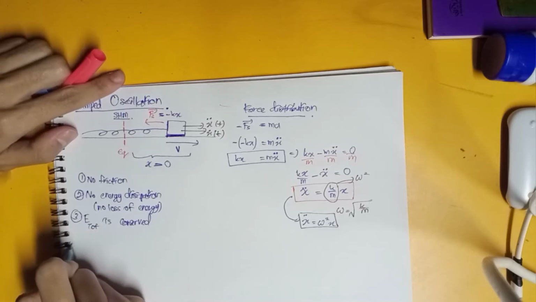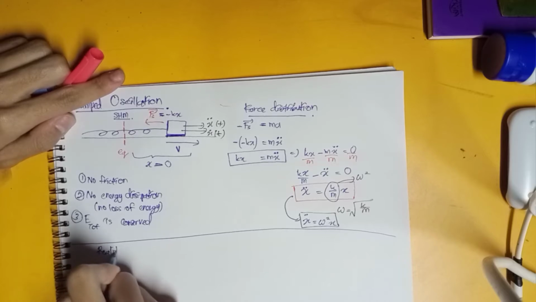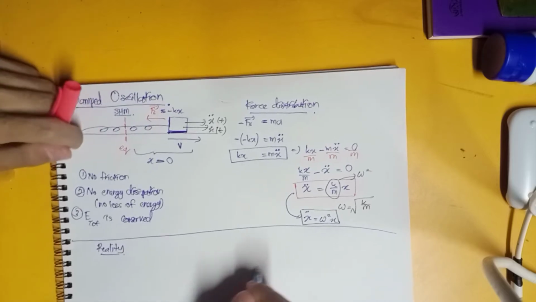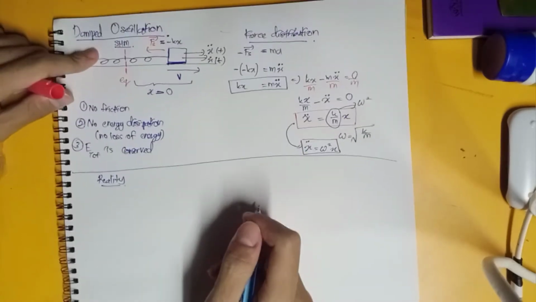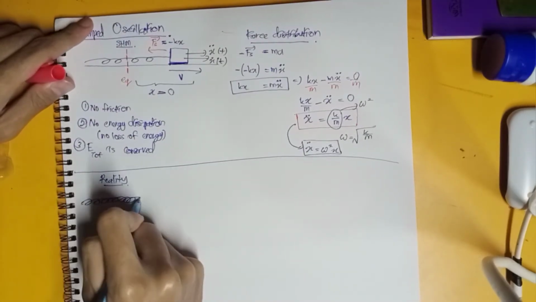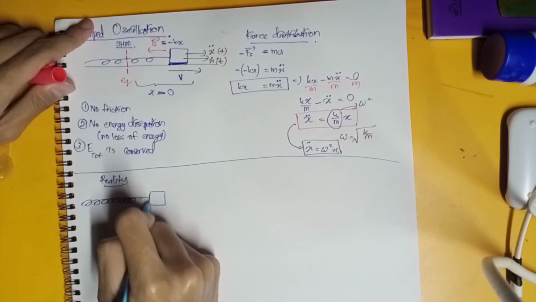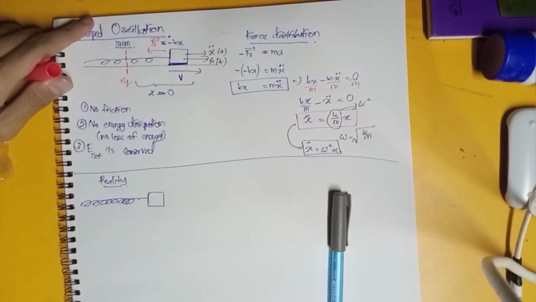Now let's move on to the actual reality. Now here is the reality. Same case, we have the spring here attached to a block, and of course it is on the ground.